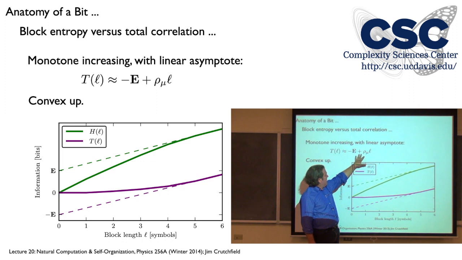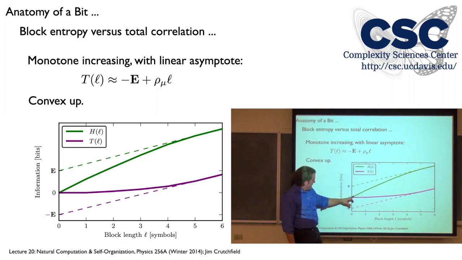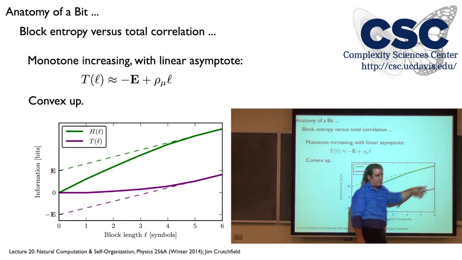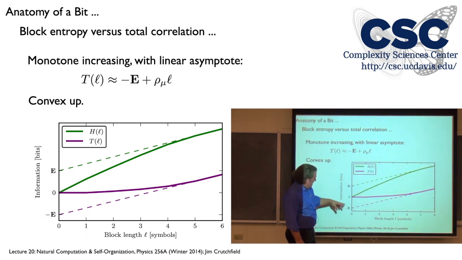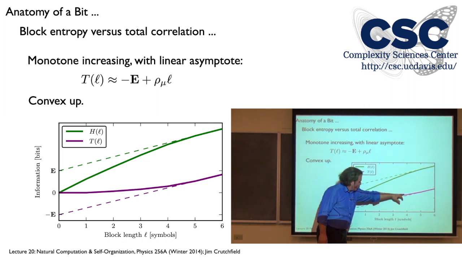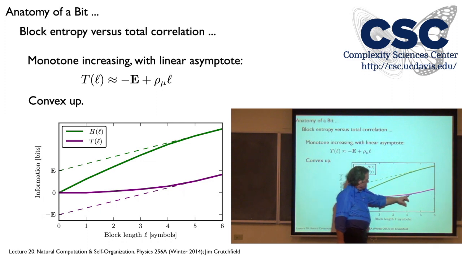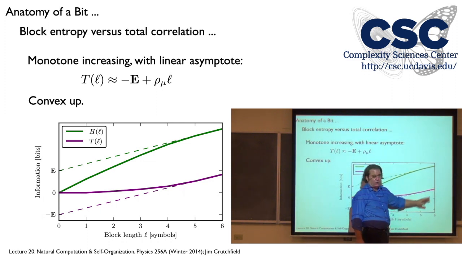The paper goes into the details of how these things work, but basically we have this offset, which one has to show is minus the excess entropy, plus rho mu, that anticipated information I mentioned before, and then a slope times L. So our block entropy is monotone increasing, and goes to this linear asymptote E plus h mu L. And then here in red is the block total correlation, and it has its linear asymptote. Now it has a different slope here, which is rho mu.